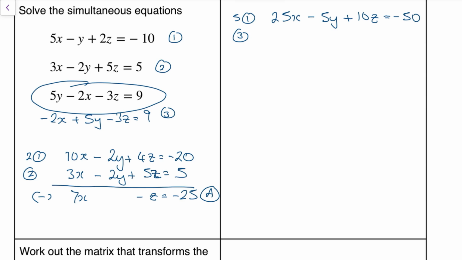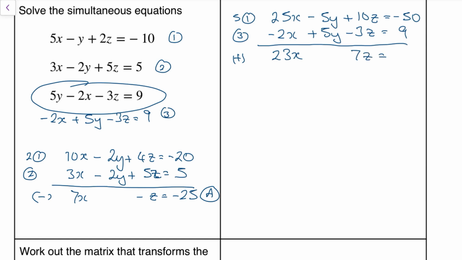And then we've got equation 3, which is minus 2x, not very nice numbers, plus 5y minus 3z is equal to 9. Now, I will say right now, if these numbers end up quite nice, then I'm happy I've done the right thing, but that could easily be fractions. Either way, let's add these equations together. So 25 minus 2 is 23x, not looking promising, is it? And 10 minus 3 is 7z. And minus 50 plus 9 is minus 41.